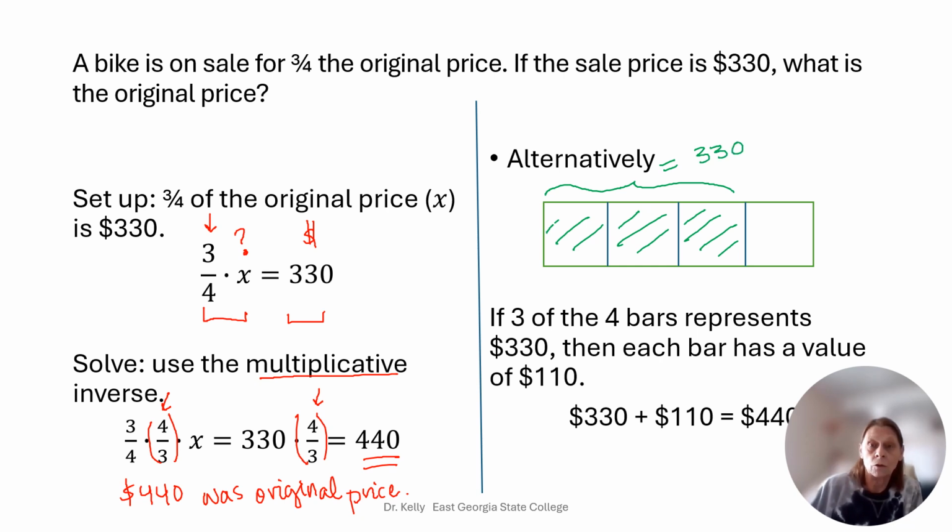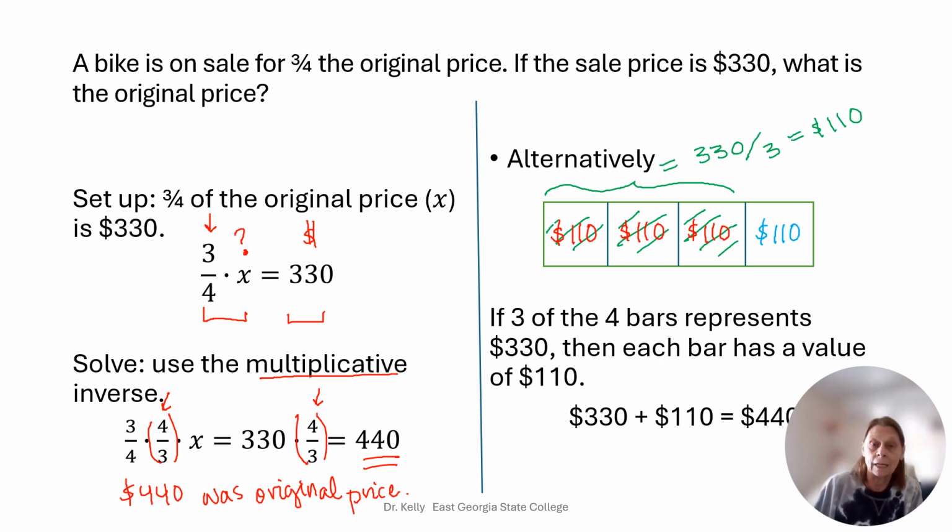So $330 divided by 3 means they're each worth $110. So we can surmise that this guy's worth 110, and this guy's worth 110, and this guy's worth 110. So if those 3 pieces are worth 110, then we know without a doubt that this guy is worth 110.